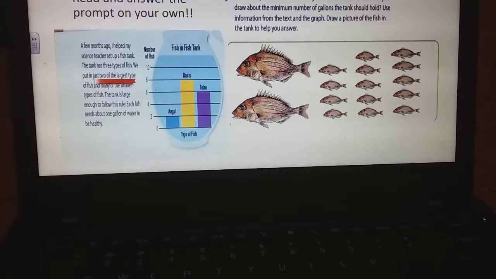Here, the text tells me that they only put in 2 of the largest type in the fish tank. And again, on my bar graph, I only see 2 angelfish. So I would have drawn 2 larger fish, and then the other fish would be a little bit smaller to draw out what the bar graph is explaining for us here.